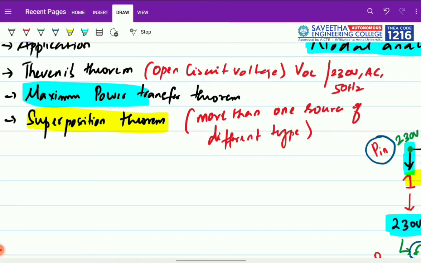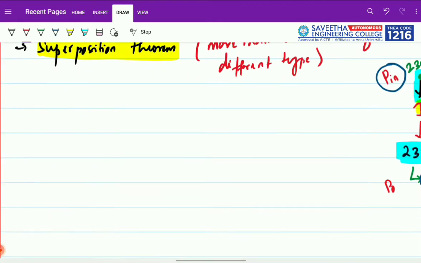Take a bigger circuit which has more than one source, maybe 3 sources or 5 sources or more, of different kinds, like one being a voltage source, others being current sources, or a combination of these. It is very difficult to understand how to solve the problem or how to find the answer. In the superposition theorem, what we do is we split the circuit. For example, if this is the network, this network is given with more than one source.